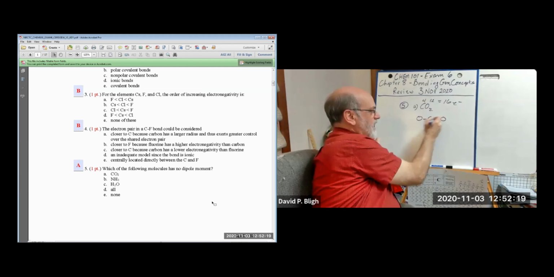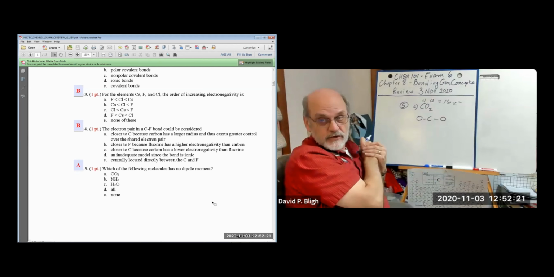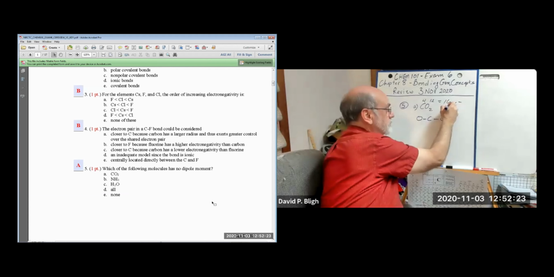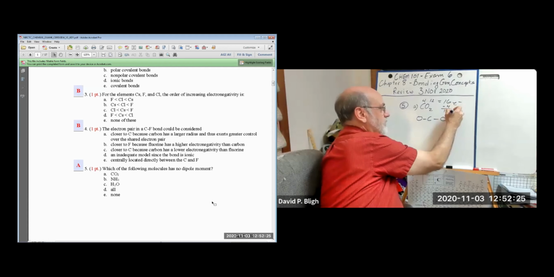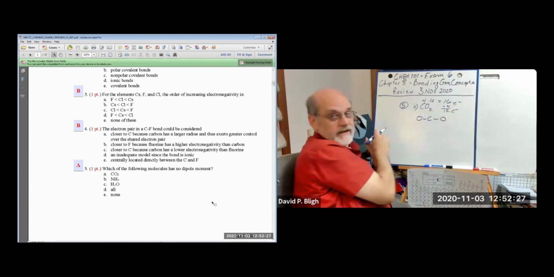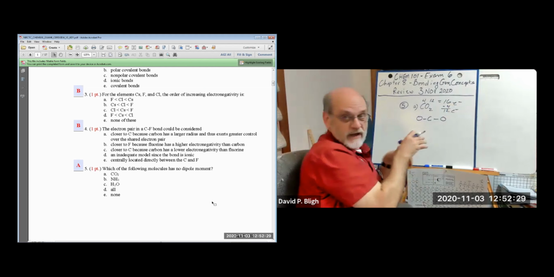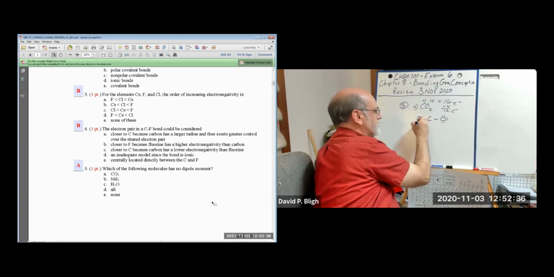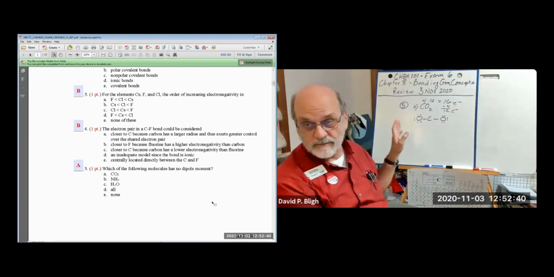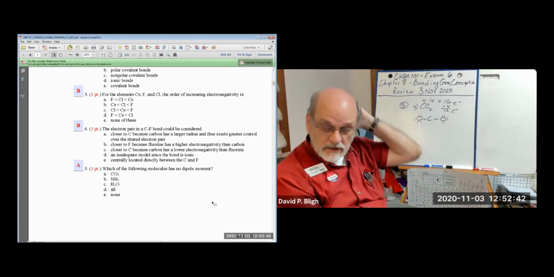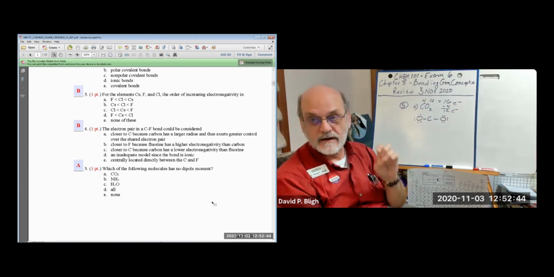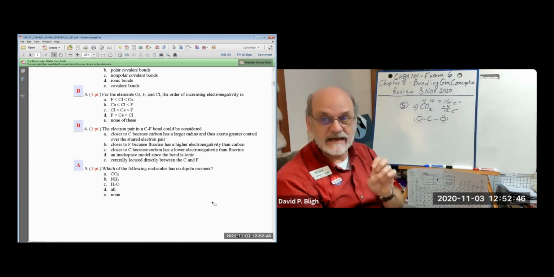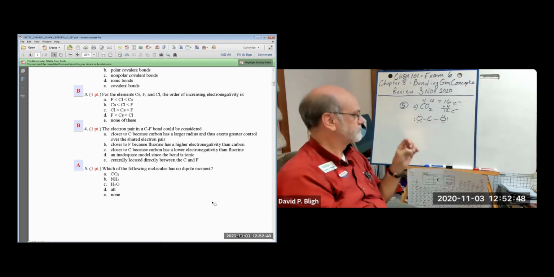So then you put a bond between them. That's 4 electrons used, which means we have 12 electrons left over. So we have to put them in there someplace. So 2, 4, 6, 8, 10, 12. Okay, all used up. And then you try to satisfy the octet, if at all possible.